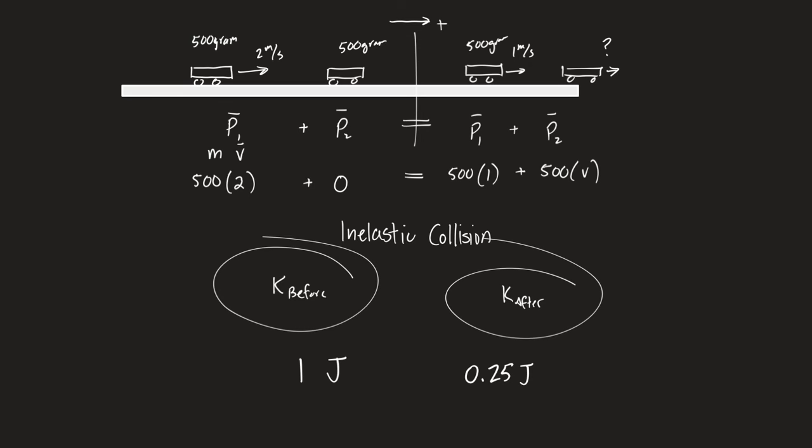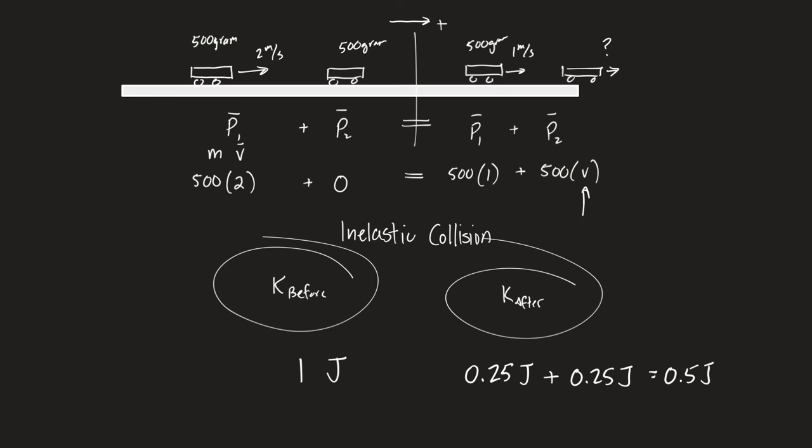So we need to do the second car too. But you need to know how fast it's going. Did you guys figure out how fast it's going? It's 1, right? You solve that for v, and you find out it's 1. So it'd be 0.25 again. Yep. So the total kinetic energy after the collision is 1/2 joule.